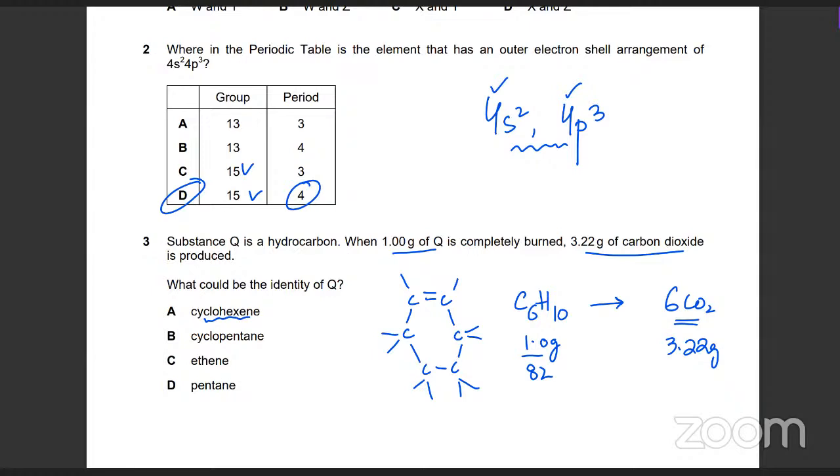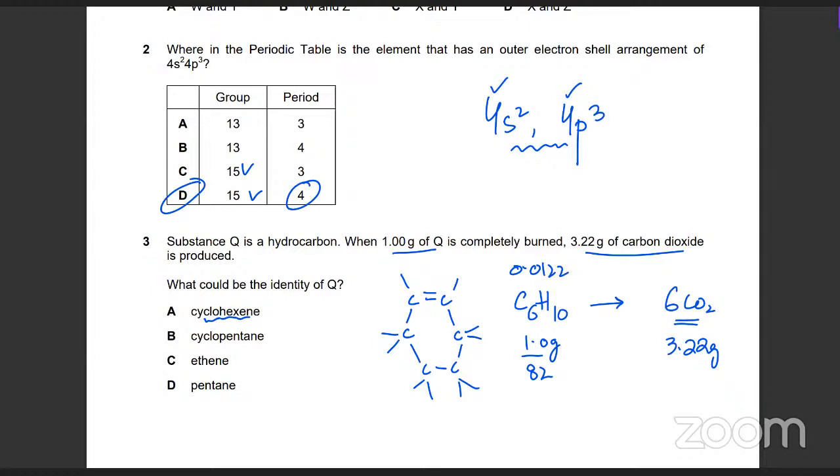So what are the moles that you're getting? That's 0.0122. You get 0.0122. So the moles of carbon dioxide will be 6 times more. This will be 6 times a multiplier.